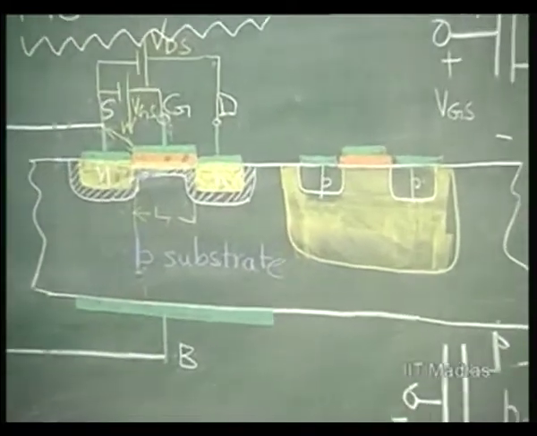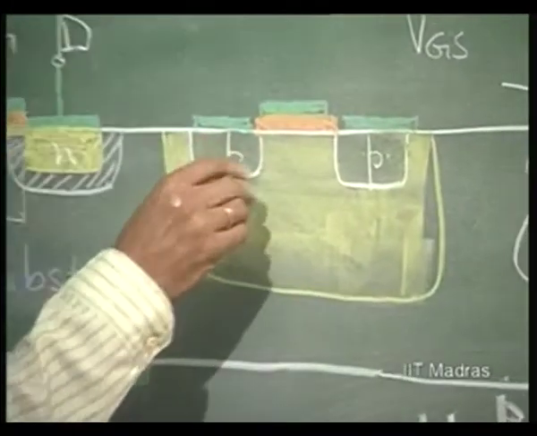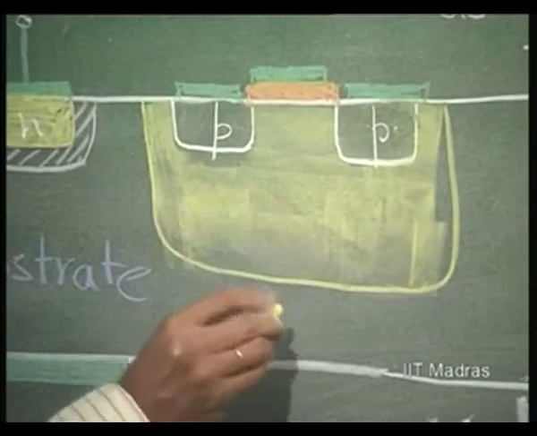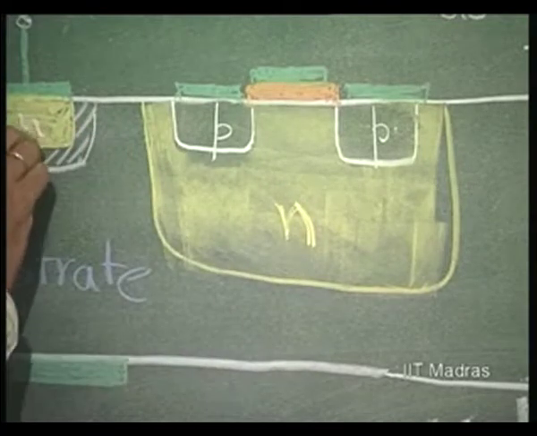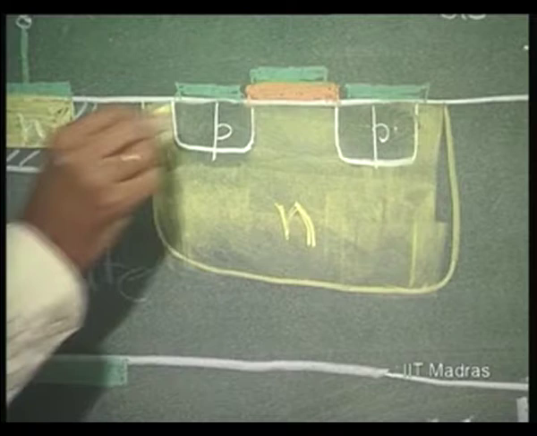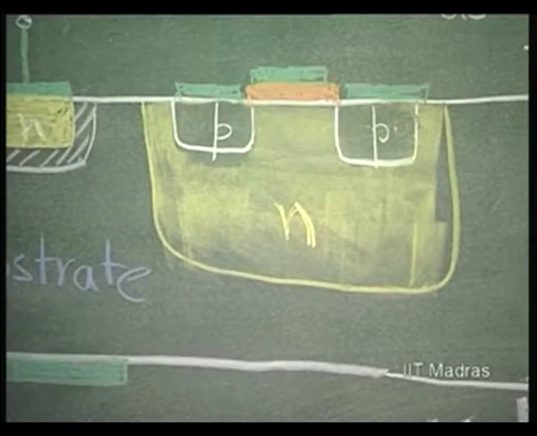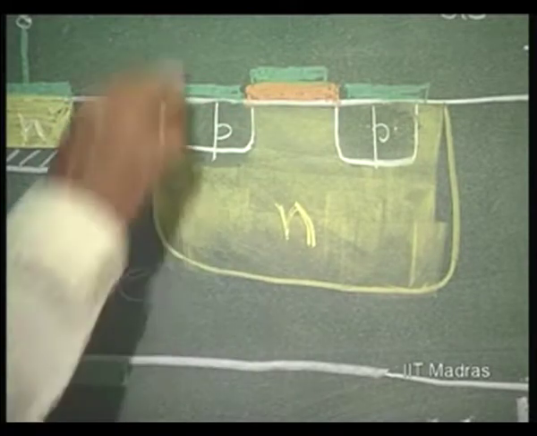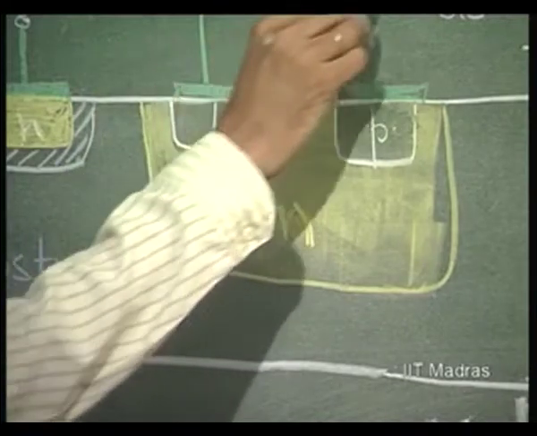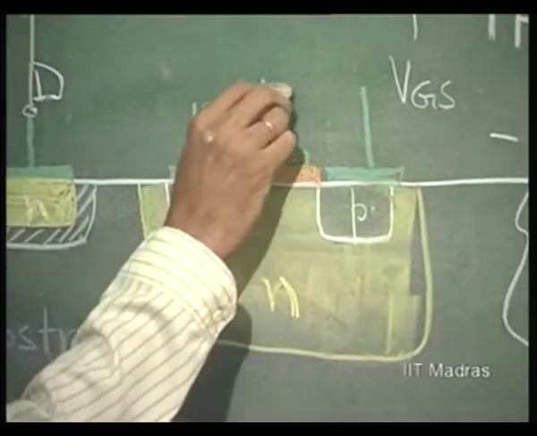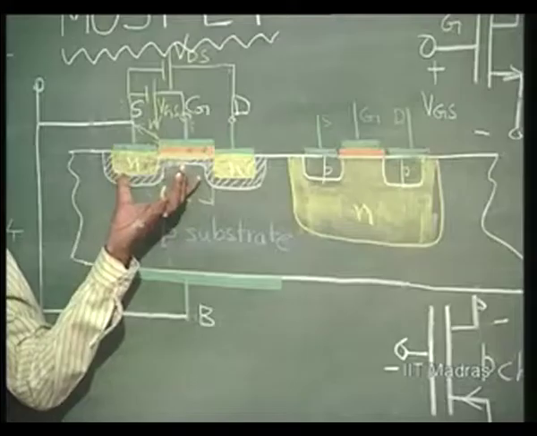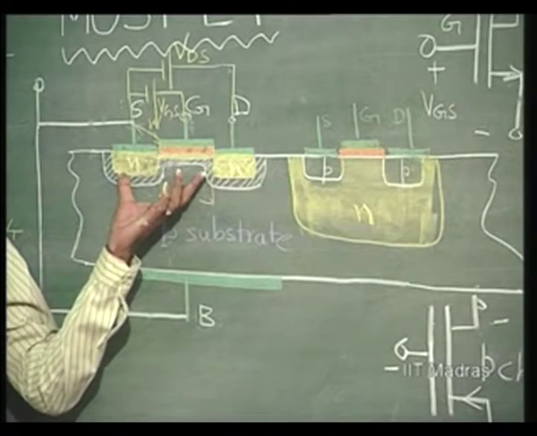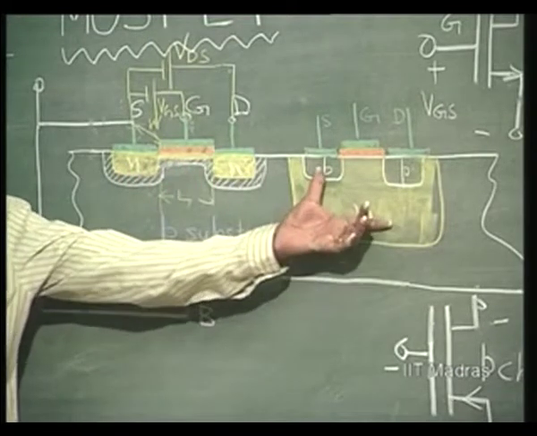So now we have this N type material here, P type diffusion occurring in this N type material, and we have source, gate and drain. So, in the same wafer I have an N channel MOSFET as well as a P channel MOSFET.